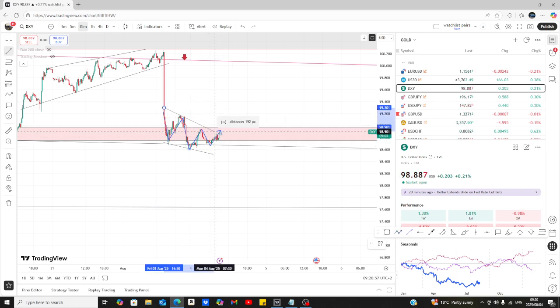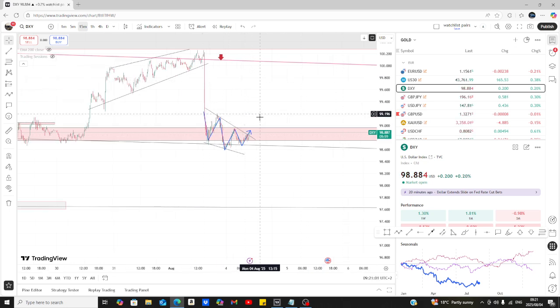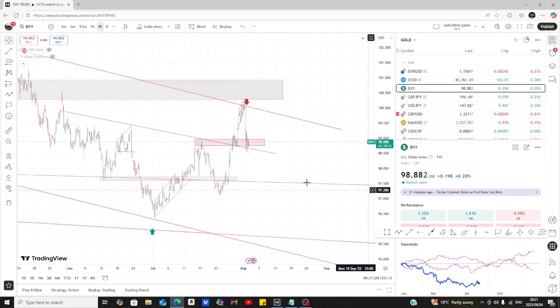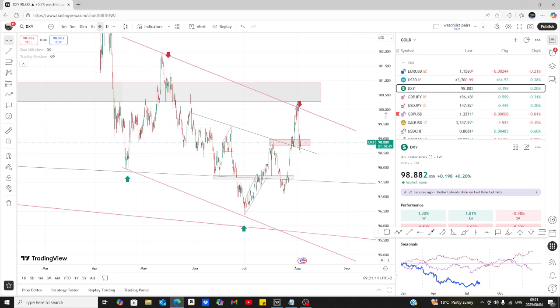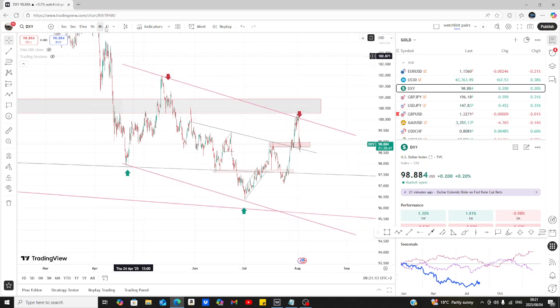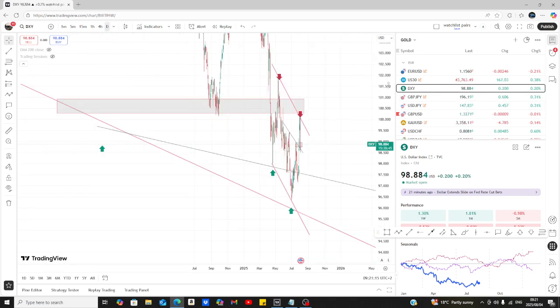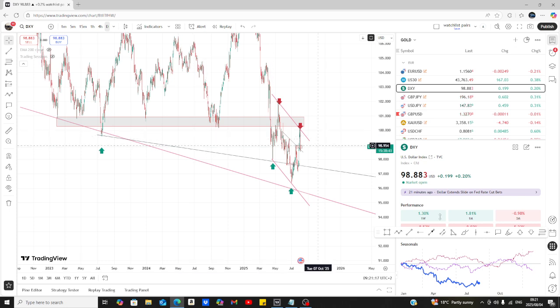For now, all the signs are showing that the dollar might be bullish again, but I will not just be rushing to enter bullish. This will be based off the larger time frame clearly rejecting at a key previous support resistance level. You can see that this was a previous major support zone.